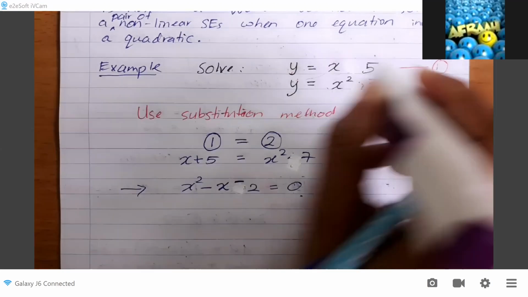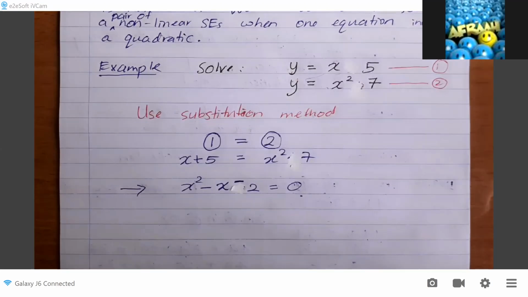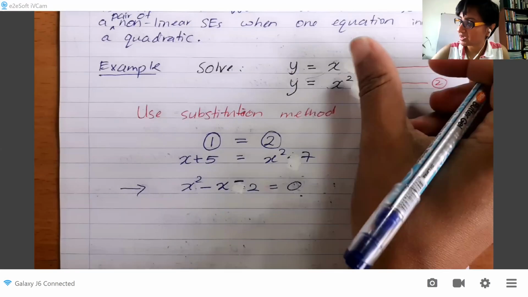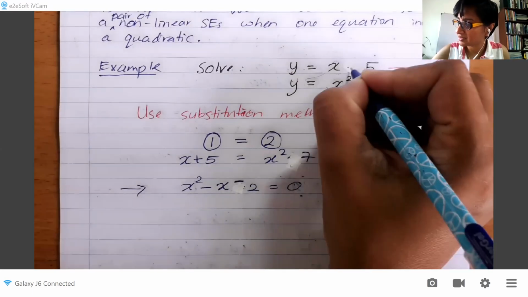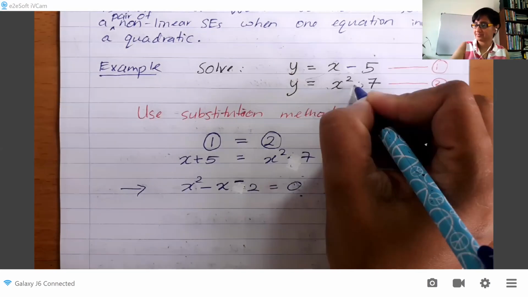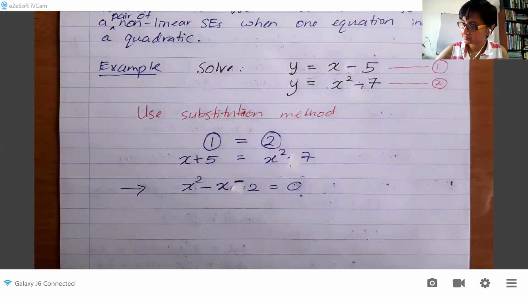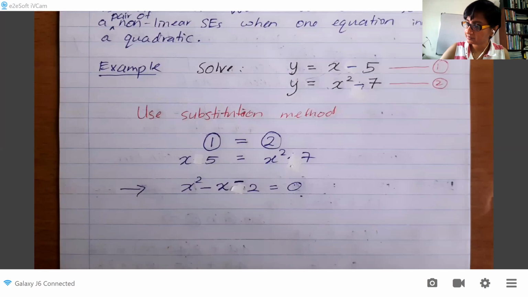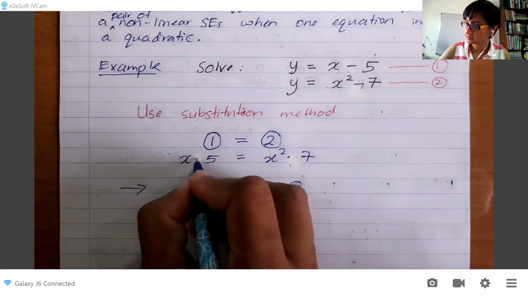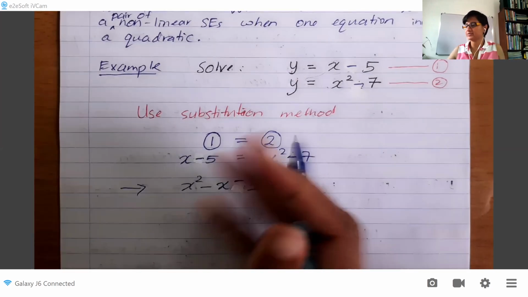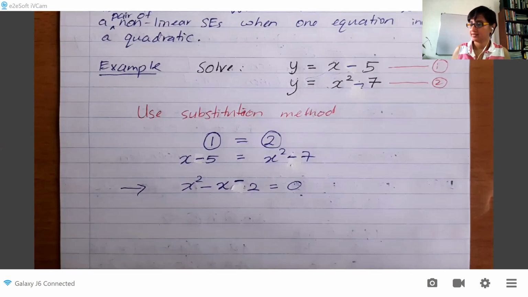Y equals x minus 5, y equals x squared minus 7. Okay, this will have nice solutions. That's why.